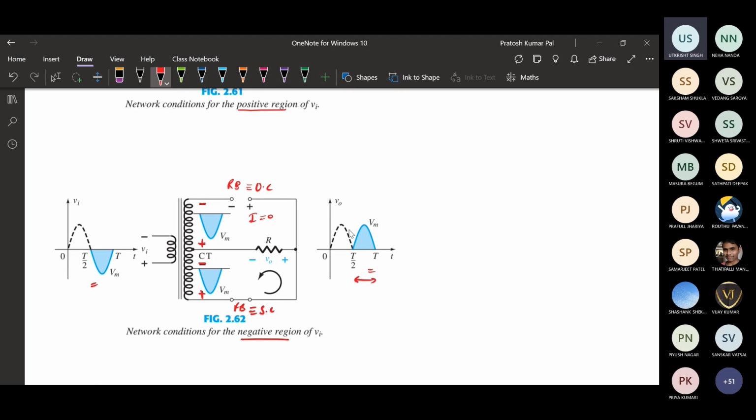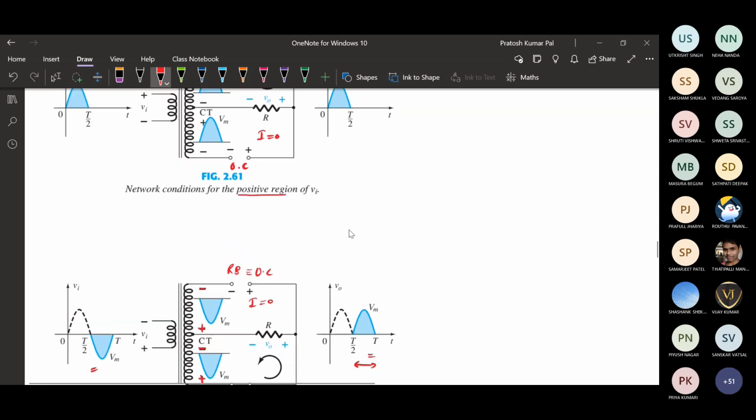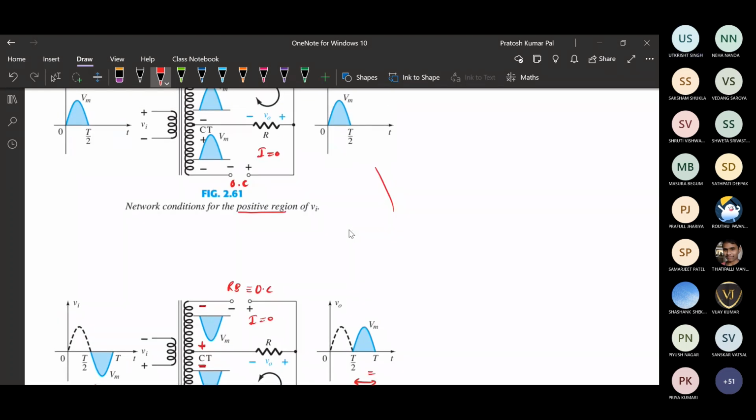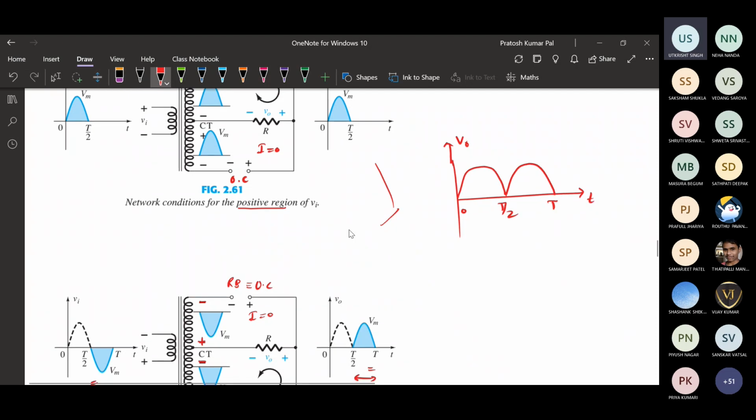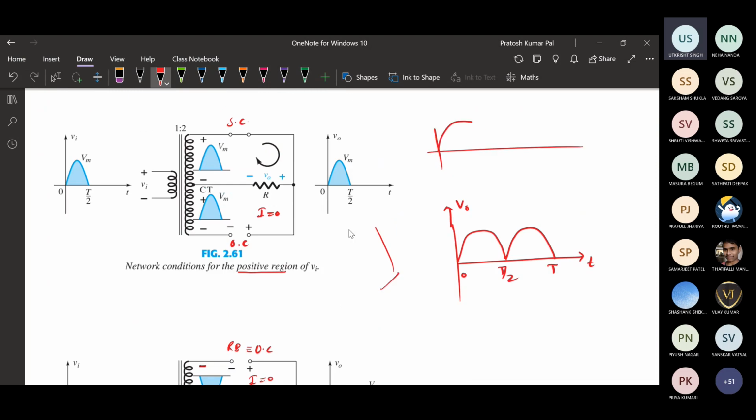So finally, by combining these two for the complete input, we can get the output that will be positive for 0 to t by 2, and again positive for t by 2 to t time period. So this is your V output, and this was the input.